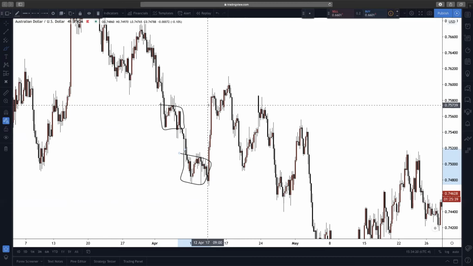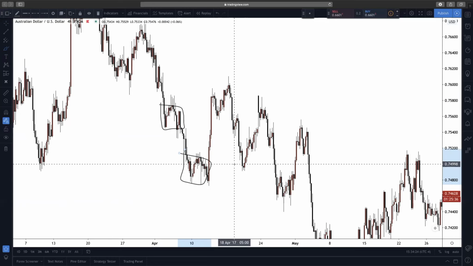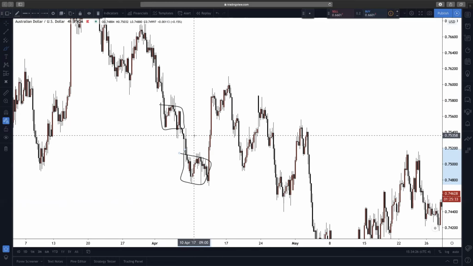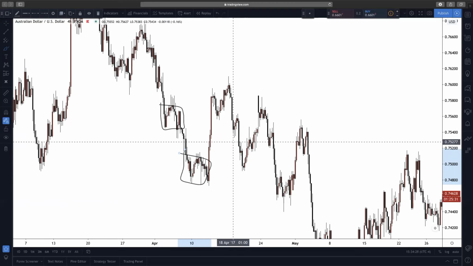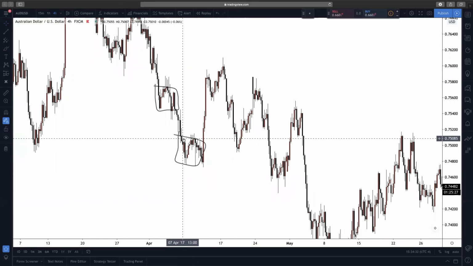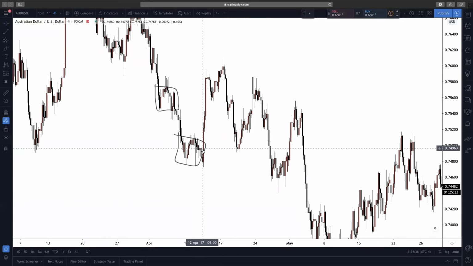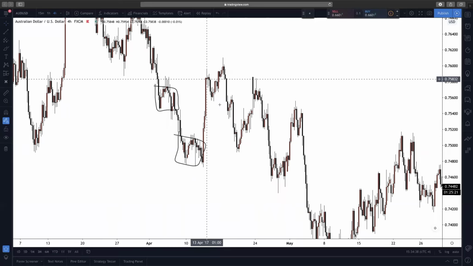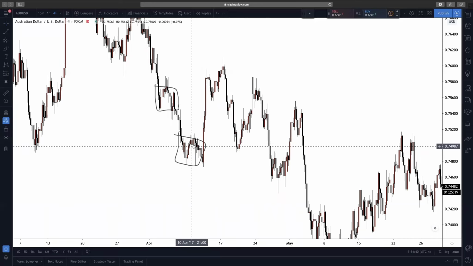That possibly we can get reaction if we return to the previous structure, which is what I would recommend that you do when you're looking at possibly entering the market. You should look for a break of structure and a return of the structure that was broken, okay?